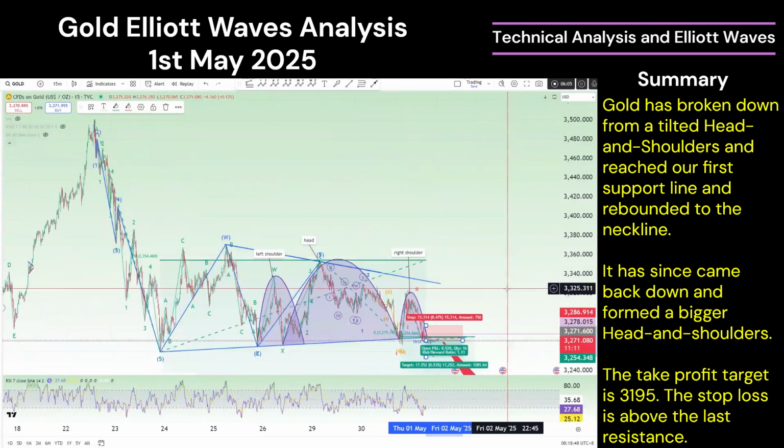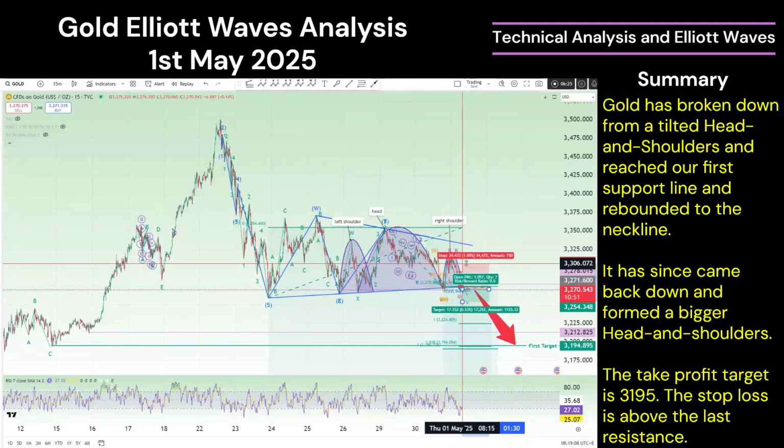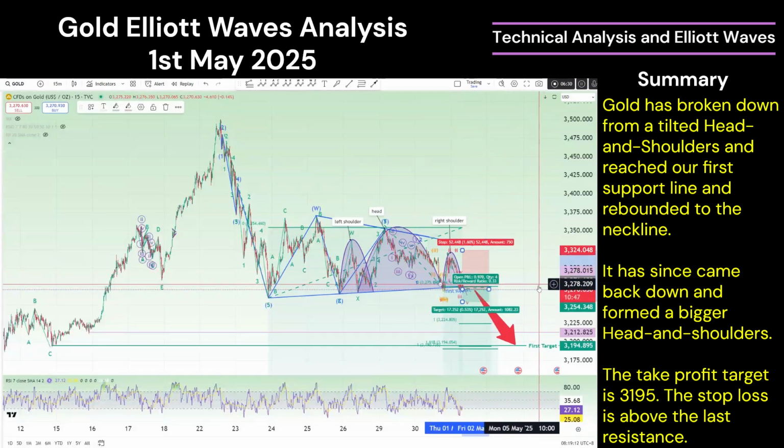Okay. Now the tricky thing about trading when you assume that this is the first wave is that there will be a second wave up, and usually wave two is a sharp wave up, right? So that will actually render your stop loss ineffective, right? So usually the real stop loss should be here, right?